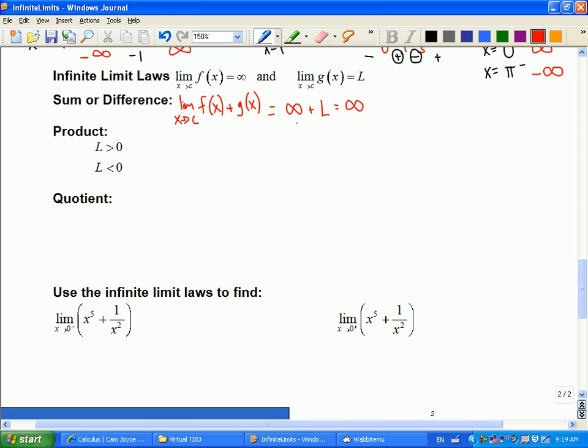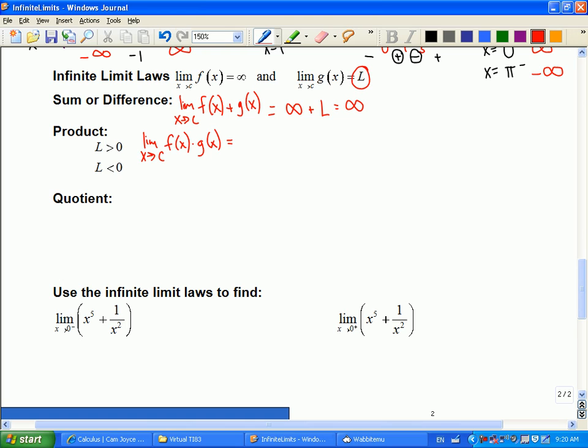Okay. If you have any constant in infinity, it's just going to be absorbed by the infinity. Okay? You can chuck the other limit. You don't need to consider it. If we're going to do a product where this constant is a positive number, that means I'm talking about the limit as x goes to c of f of x times g of x.